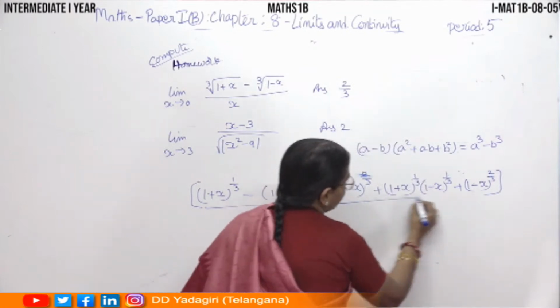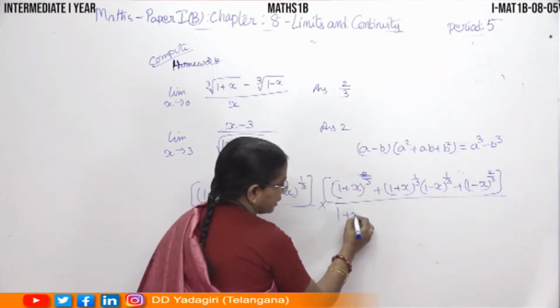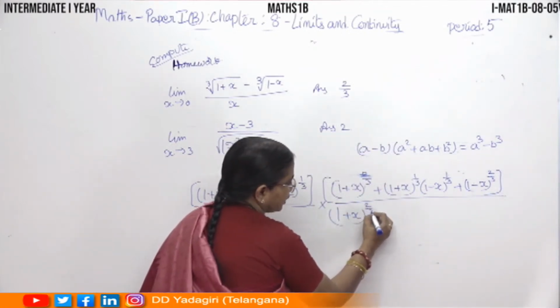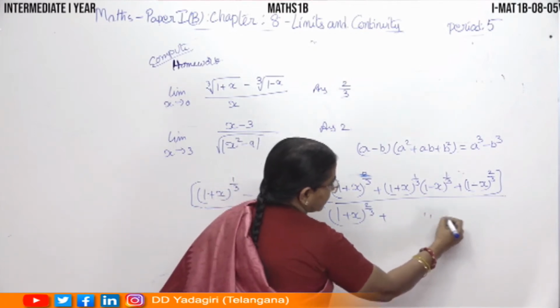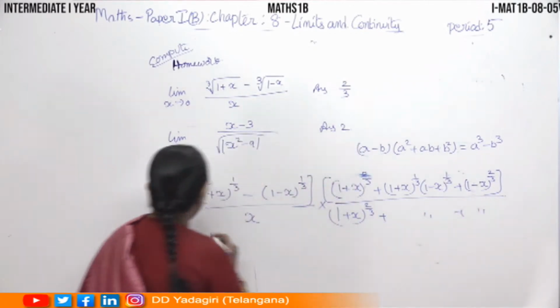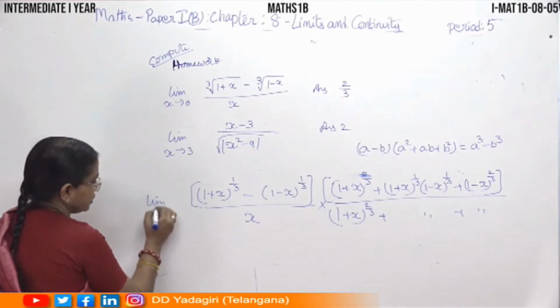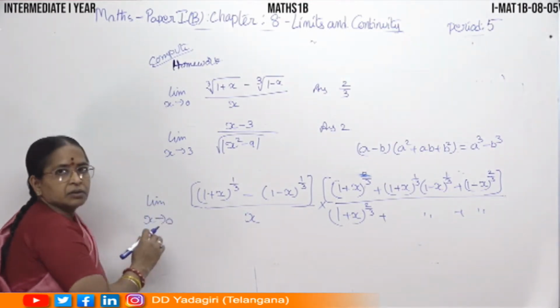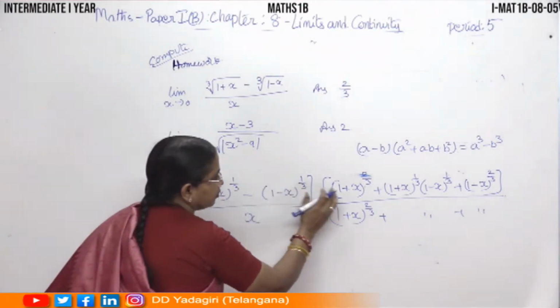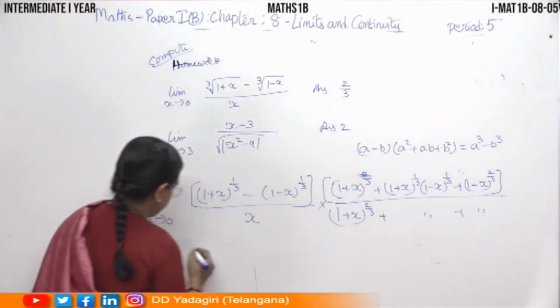So you can multiply and divide like this. Write the same things here: limit x tending to 0. Now this is in the form a minus b into a square plus ab plus b square.